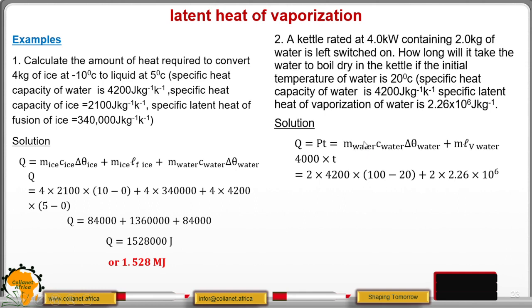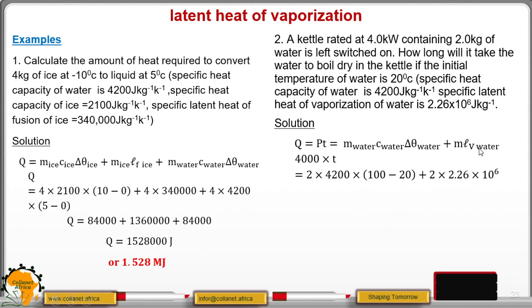The mass of water is 2 kg multiplied by 4200, the specific heat capacity of water, then the change in temperature. It is boiling at 100 degrees and the initial was 20, so the change is 100 minus 20. Then you have the energy required during vaporization: 2 kg multiplied by the specific latent heat of vaporization.